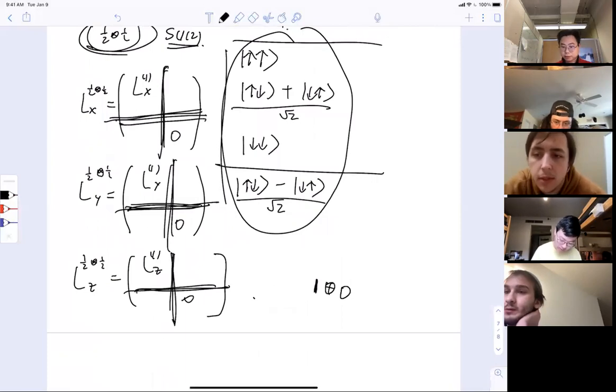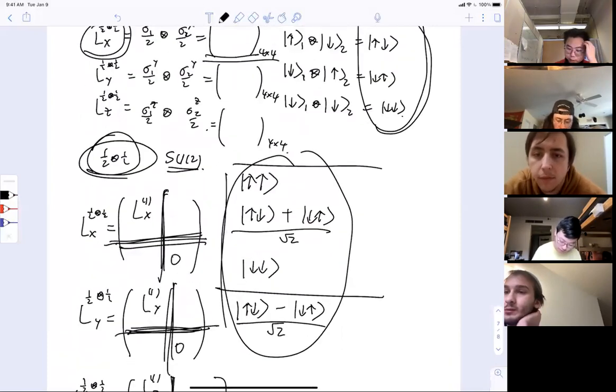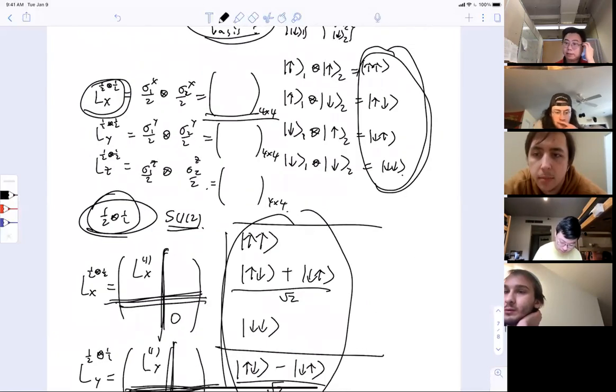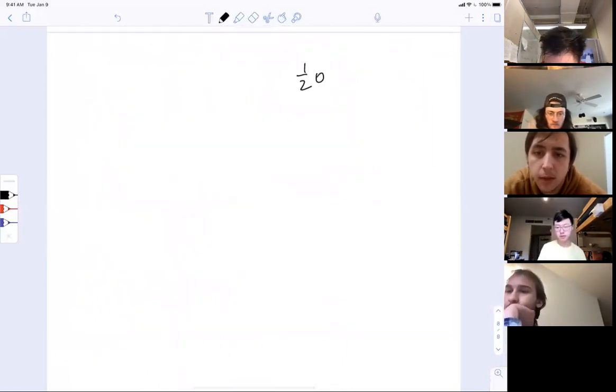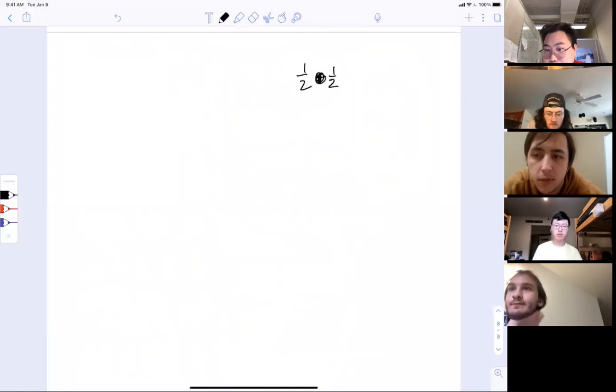No, I was saying a direct sum of 1/2 and 1/2 instead of a tensor product. Is this a representation of the same group? Yes, just two copies of the spin 1/2 representation. Definitely.